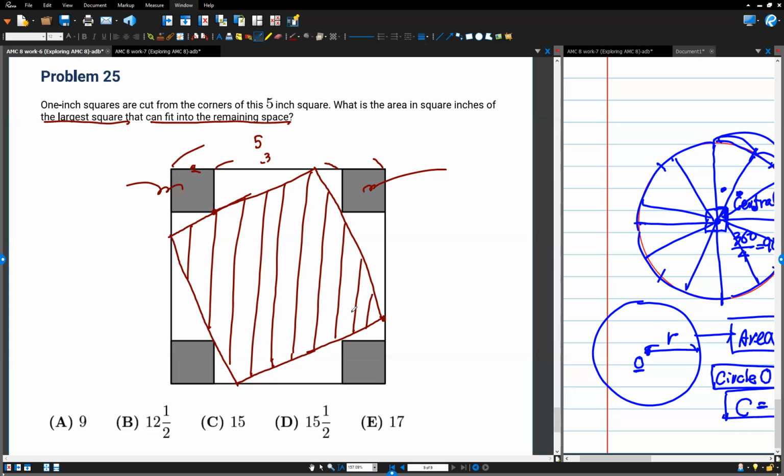AMC 8 problems. Okay, got an Art of Problem Solving. That is 2015, number 25. Do you also do something like AMC 12? C is the answer.